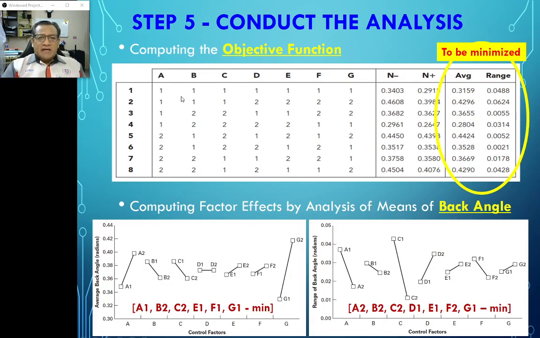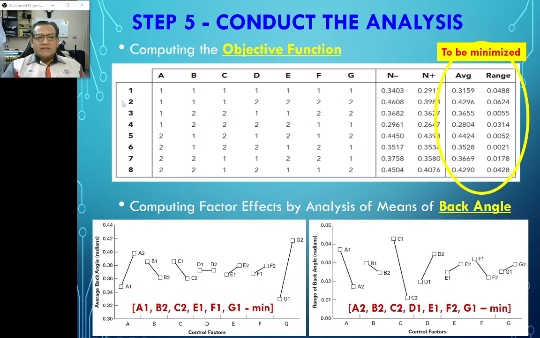And next, after executing the process, you got some sort of a result. So you have to analyze the result, conduct the analysis, right? Computing the objective function is to minimize this average of a back angle, which is the average testing result, right? 8 of them, and these are the range of the measurement of the 8 testing that has been executed.